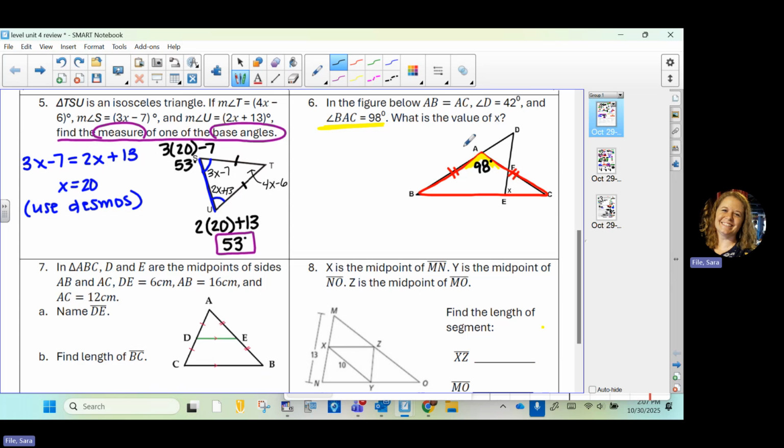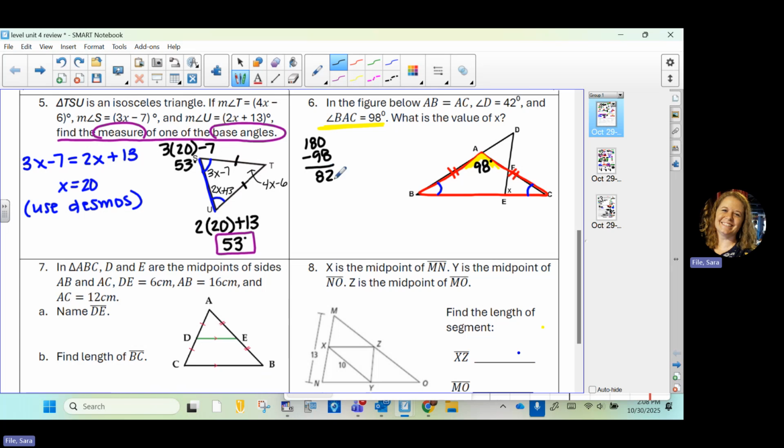So A is my vertex angle. If that's my vertex angle, then these are my base angles, aren't they? And they have to be the same as each other, since those legs are the same as each other. So I'm going to take the full triangle as 180, take away the 98 that the vertex angle is, and I'm left with 82.